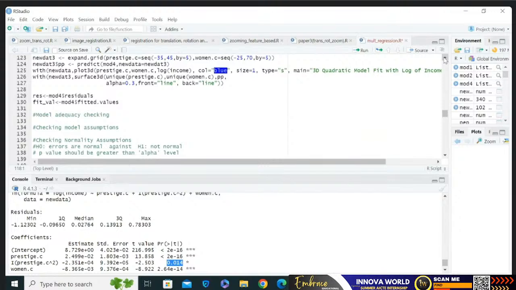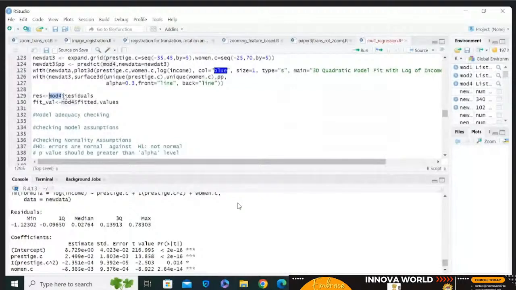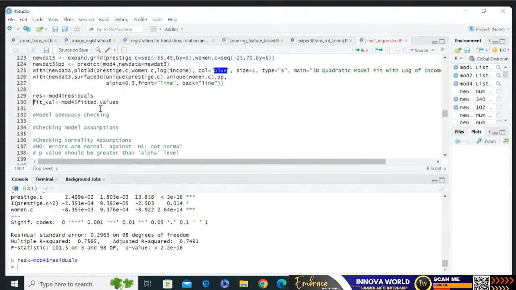So after fitting the model we will be getting the residuals like this, and we are storing them inside a variable called res. Our last model is mod4, so mod4 dollar residuals will fetch the residual variable in the model. And this will give us the fitted value of the model.